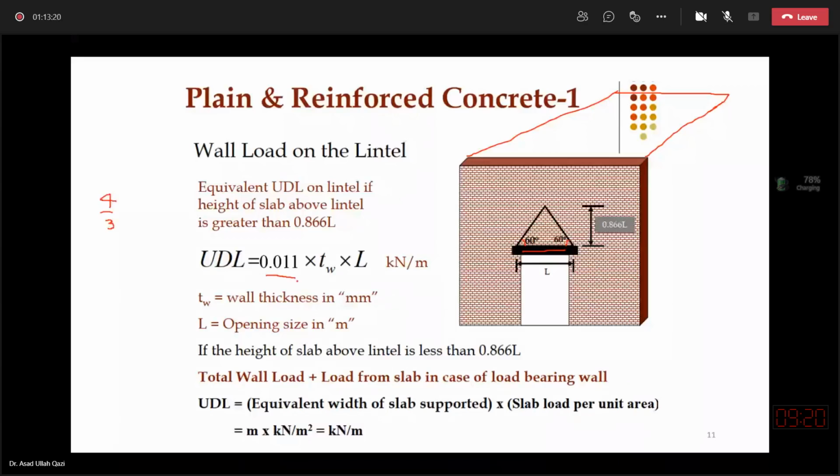So in order to estimate the masonry courses load on the short beam, which is the lintel, over the opening, this equation will help you to calculate the uniformly distributed service load.